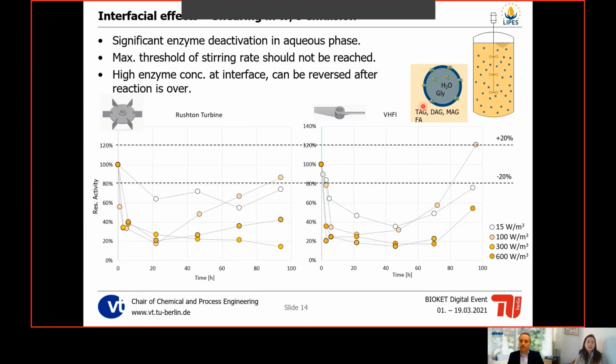We have been developing a new analysis setup, where we can apply a certain shear rate on the interface between oil and water. So we have a rheometer where we can create an interface between oil and water, and then we apply controlled shearing. And we are really hoping that we can determine the maximum shearing on the interface at which we see a denaturation of the protein molecules themselves.